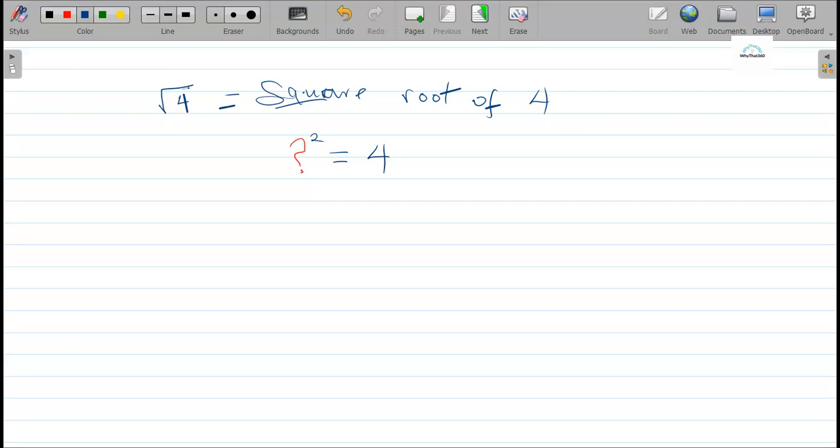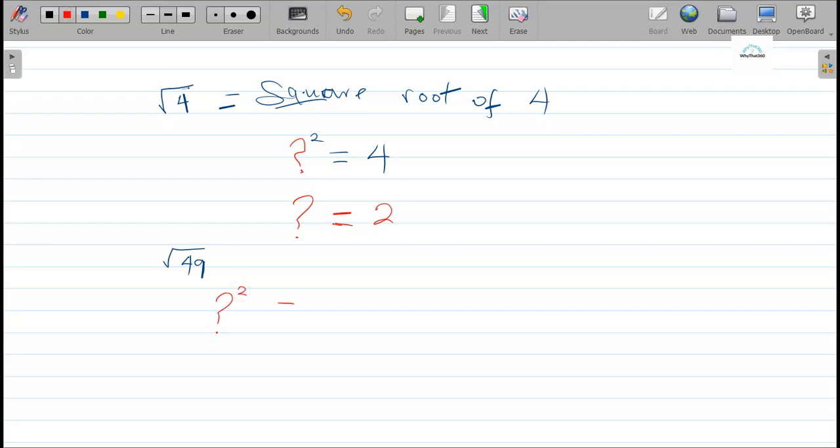That same way, are we going to give an answer to this? Okay, question mark will be equal to what? Will be equal to 2. Or you can say 2 squared is the same as 4, so the question mark should be 2. That same way, when you are given the square root of, for example, 49, then we are saying there is a number which we do not know, so we will say it's a question mark.